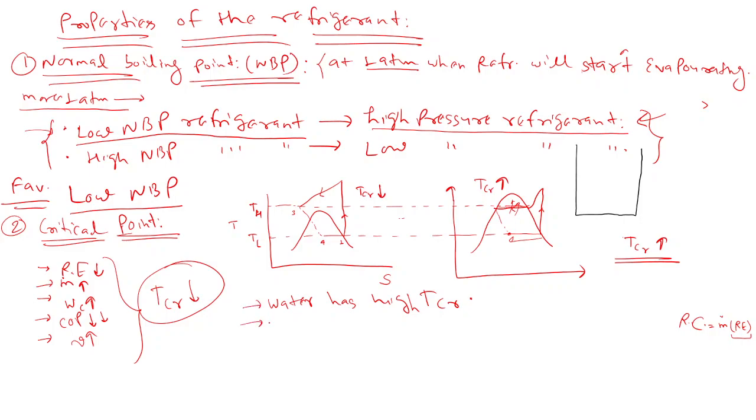So water is a very good refrigerant. Why are we not using water much? Due to the lower freezing point being limited. The freezing point is only 0 degrees Celsius. The freezing point is much lower than what we sometimes require.